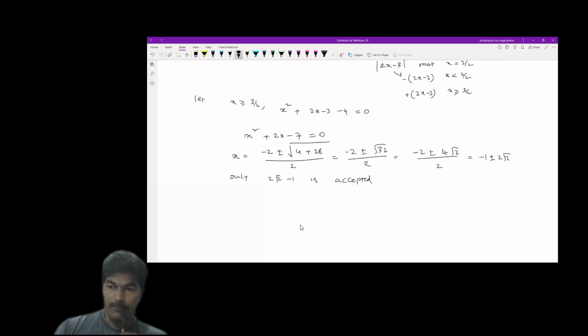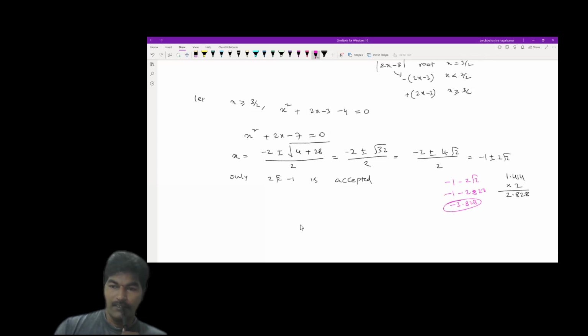Root 2 means 1.414, and if you multiply with 2, it will be 2.828. And if you take the minus one, for example minus 1 minus 2 root 2, that means minus 1 minus 2.828, it will be minus 3.828.